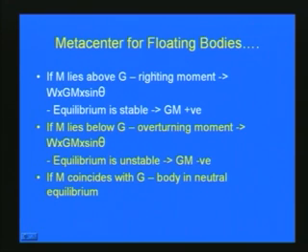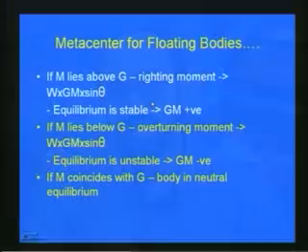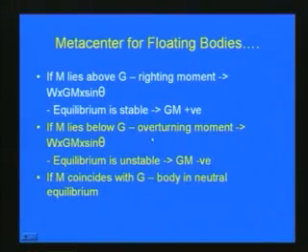So, with respect to the metacenter also, we can say whether there is stable or unstable equilibrium. When GM is positive, or when M lies above G, the body is said to be in stable equilibrium, and if M lies below G, then the body is said to be in unstable equilibrium. And if M coincides with G, then the body is said to be in neutral equilibrium.